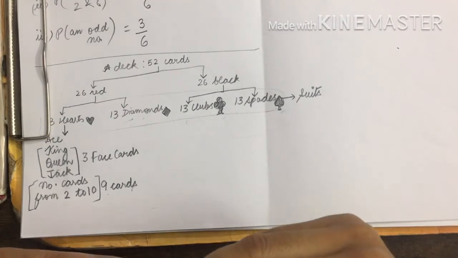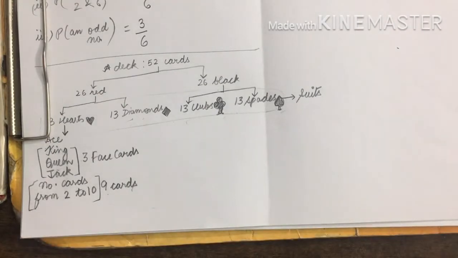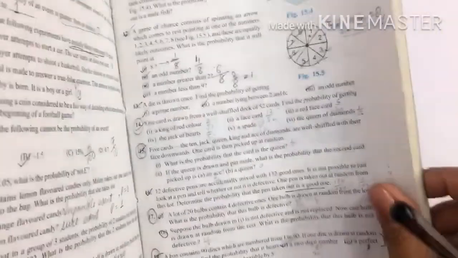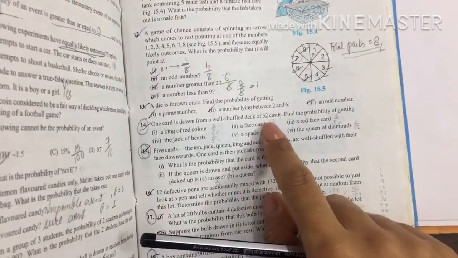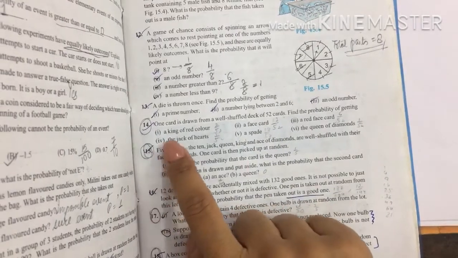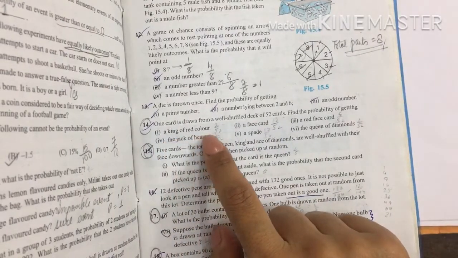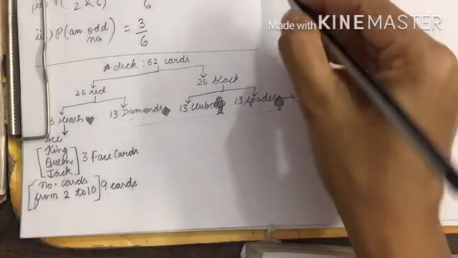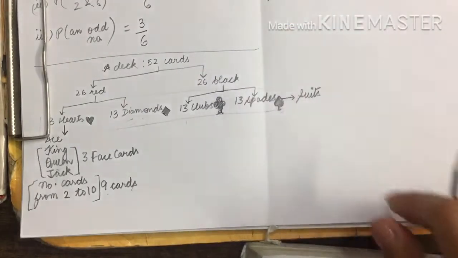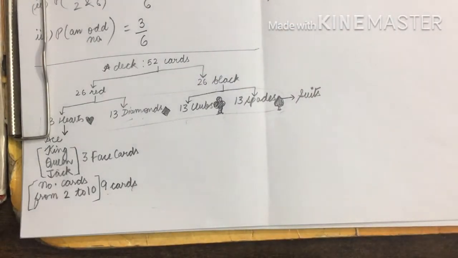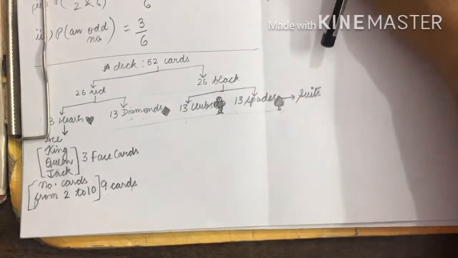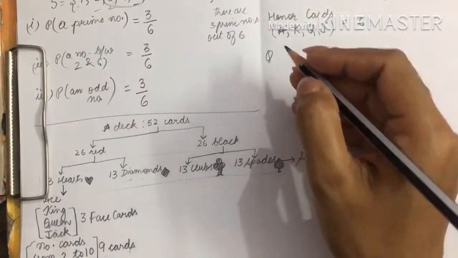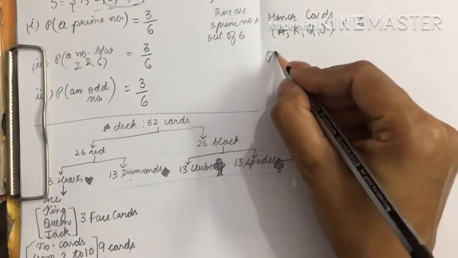Now based on this, let's do the next question, question number 14. Now in question number 14, they said there is a well shuffled deck of 52 cards. Find the probability that the king of red color is obtained. So this is what I was mentioning. Out of 52 cards, how many kings are there? So out of 52 cards, there are 4 kings, and out of those 4 kings, 2 are red and 2 are black.